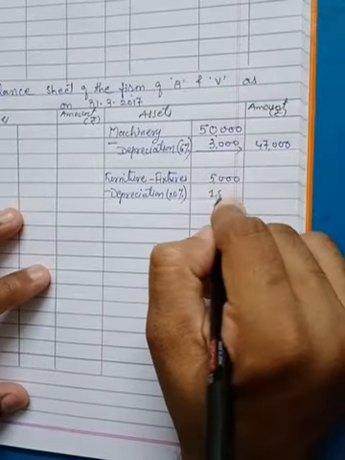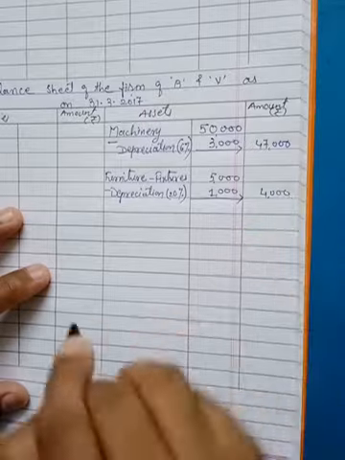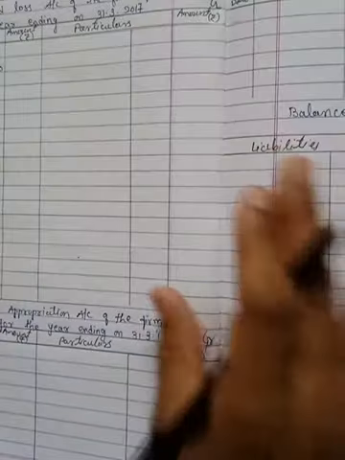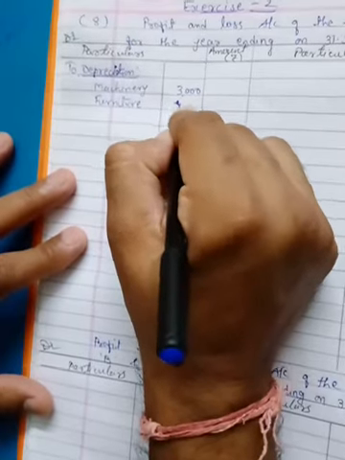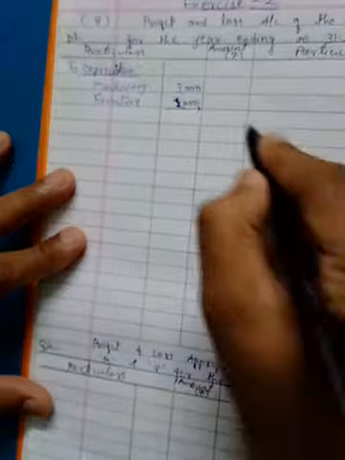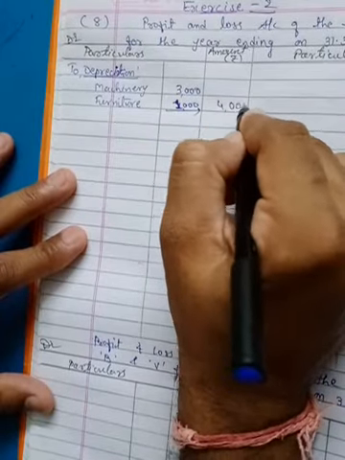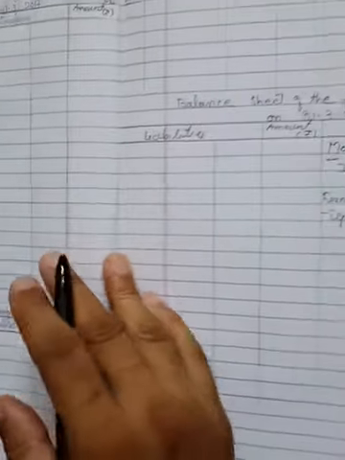So 5,000's 20% is 1,000. So in the outer column balance 4,000, and its other effect in our profit and loss account debit side, it is 1,000. So total depreciation in outer column 4,000. That is the normal procedure, you all know how it is recorded.